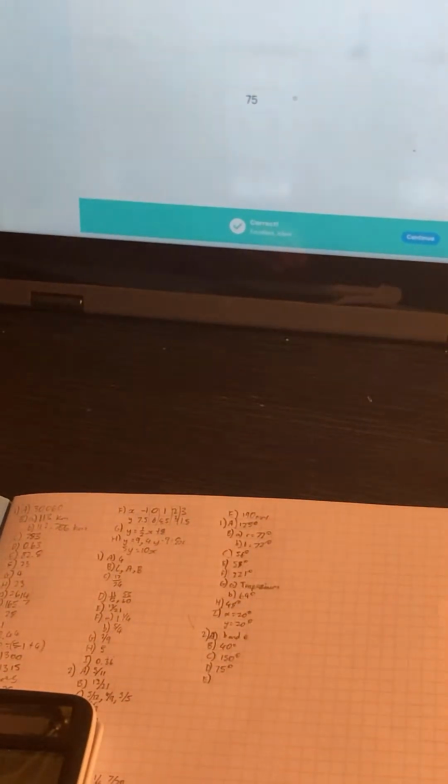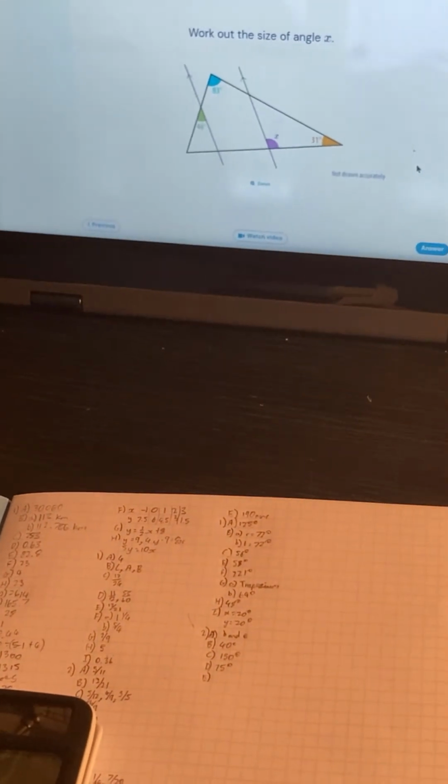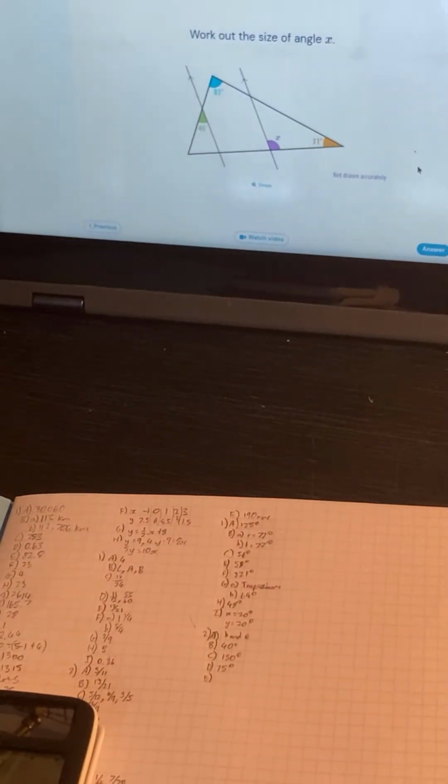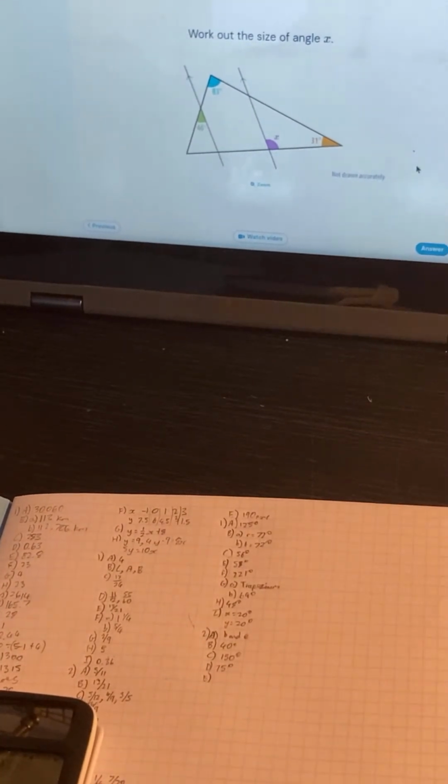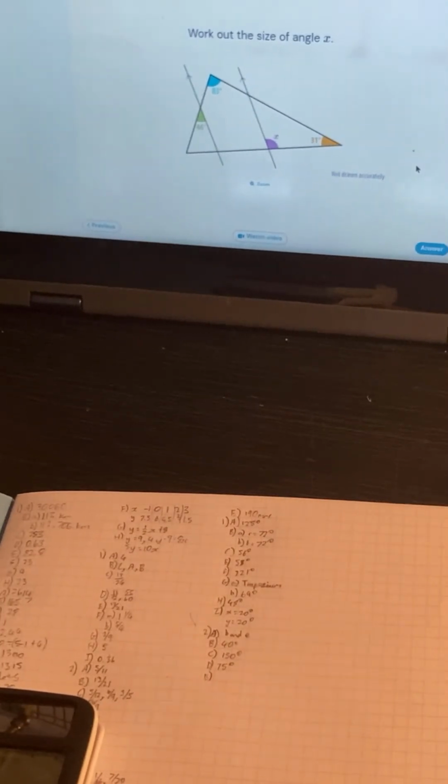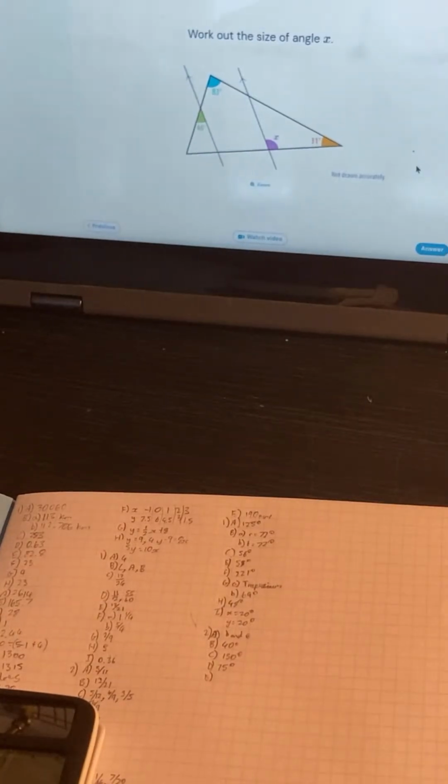C, D, E. I might turn the light on. Flashbang. E. How the hell do you do this?